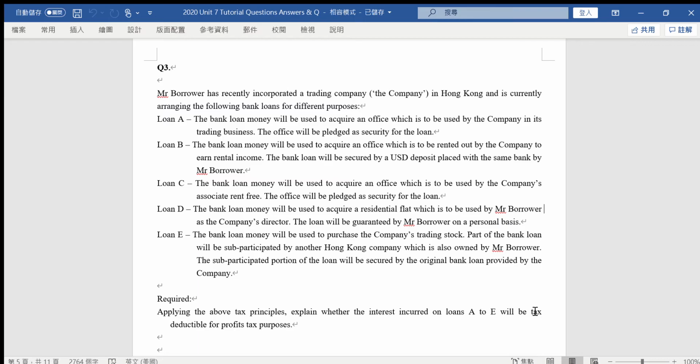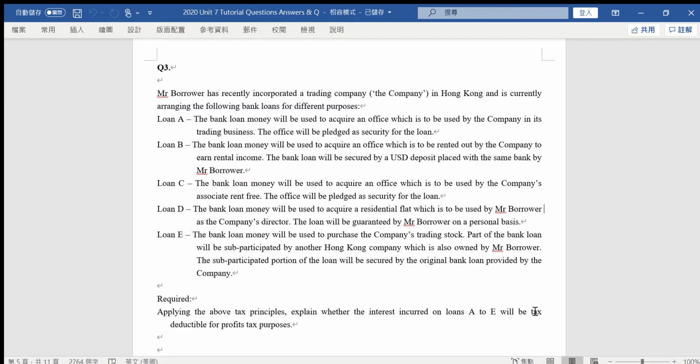If yes, most likely the proportion of the interest allowed to be deducted will be reduced proportionally. That's why not the whole amount will be disallowed, just a portion is reduced.